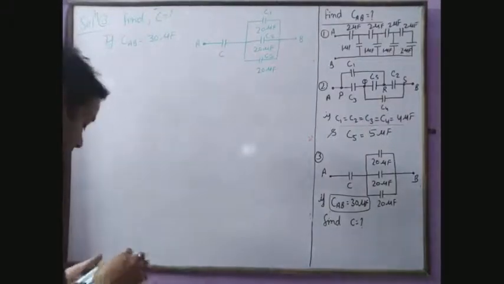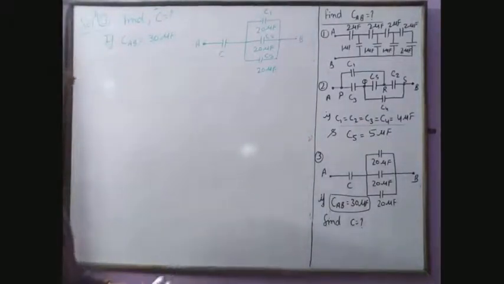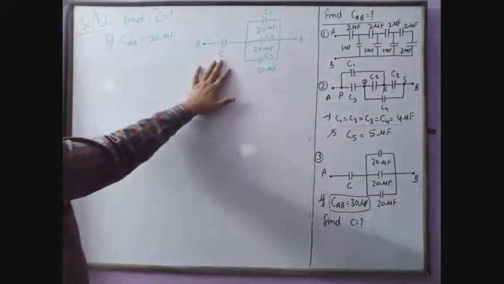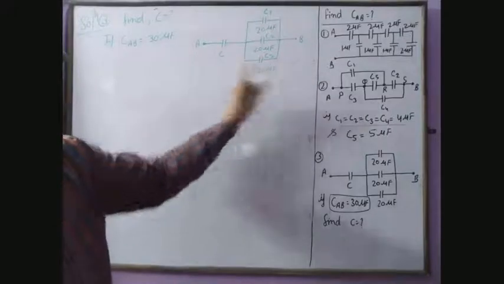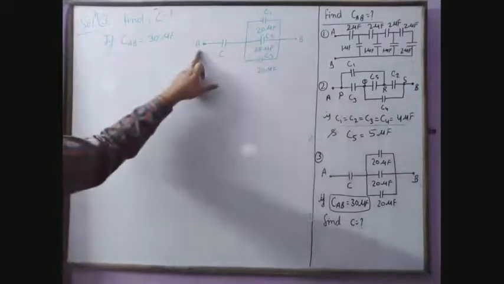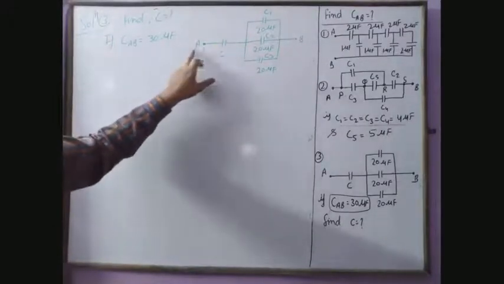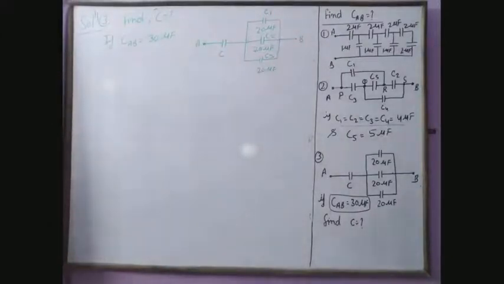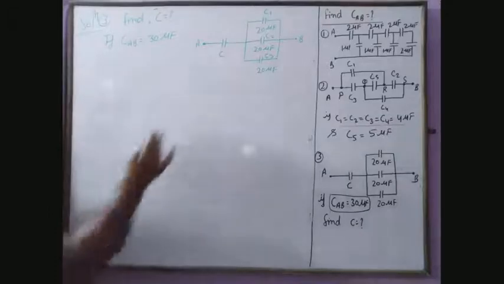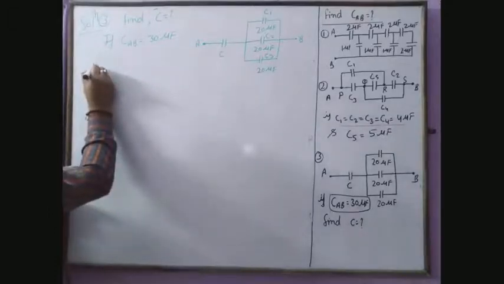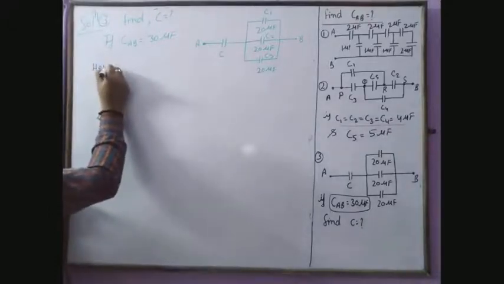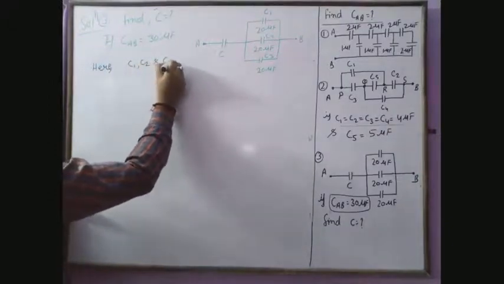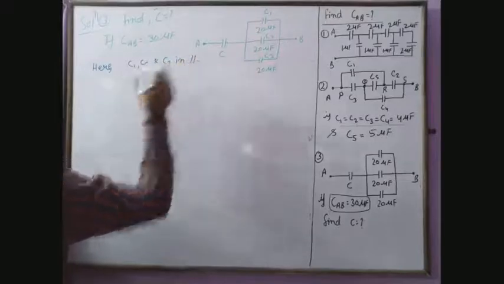Okay. Next we have the third. In this we need to calculate the value of capacitor C in the given network if the equivalent capacitor between A and B is 30 microfarad. Okay. Now here C1, C2 and C3 are in parallel combination.